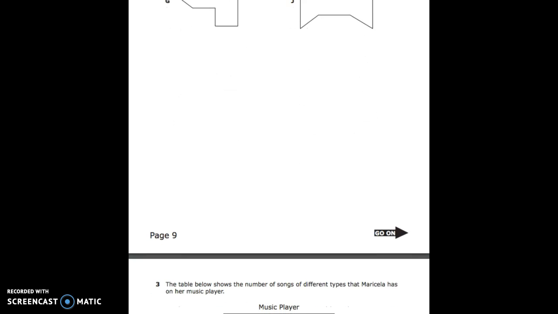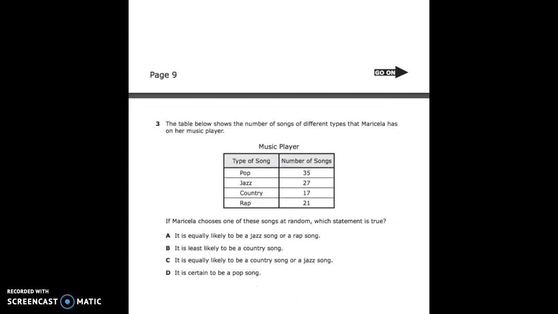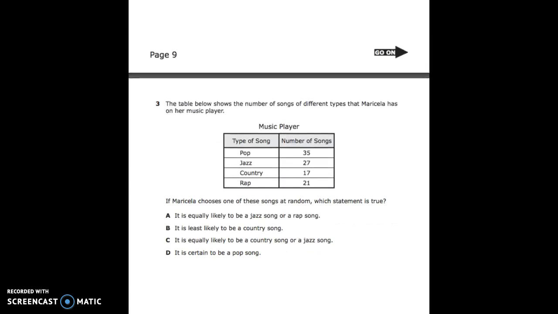Okay, question number 3 is on page 10. The table below shows the number of songs of different types that Maricela has on her music player. Pop has 35 songs. Jazz has 27 songs. Country has 17 songs. Rap has 21 songs.